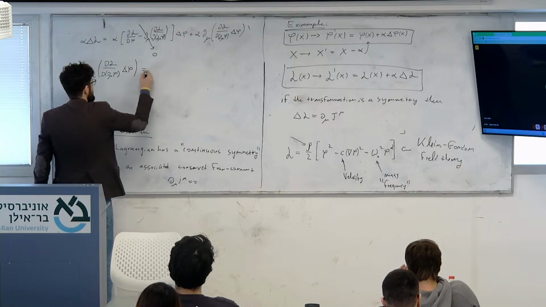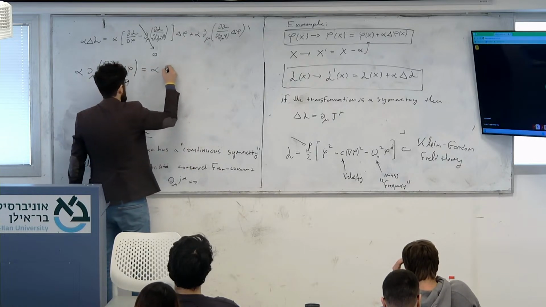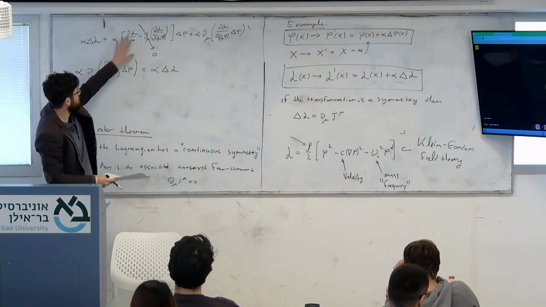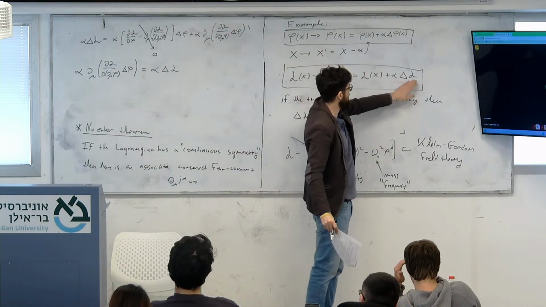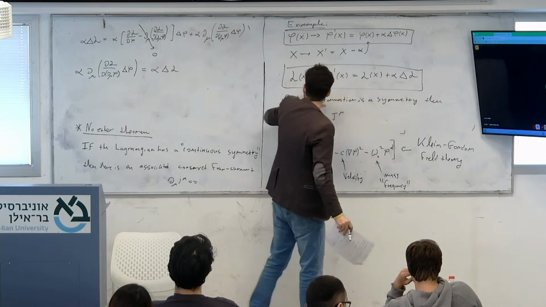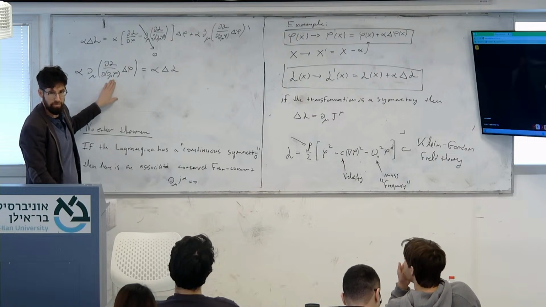This thing has to be equal to this alpha delta L. That's basically what I'm saying. I'm saying that here we varied it specifically from how the fields transform, and here we did it directly from the Lagrangian. And therefore, if what I'm doing right now makes sense, then these two should be the same.